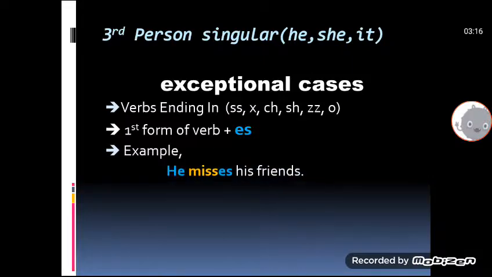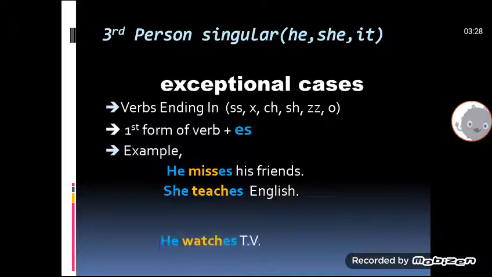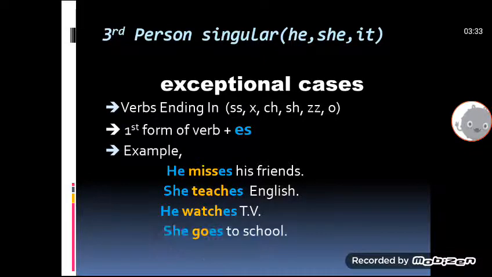For example, he misses his friends. Now you can see double s at the end of the first form. She teaches English. And he watches TV. She goes to school. Clear? So this was about the use of s or es.